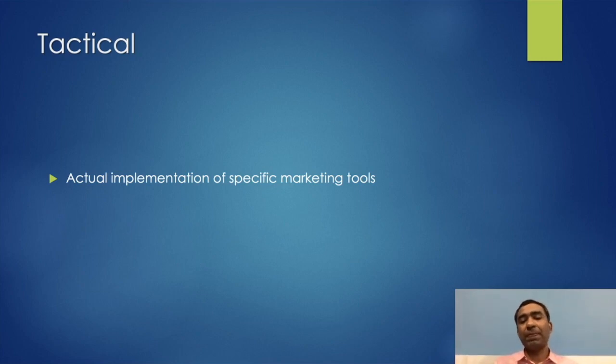For example, if I'm planning to do a survey today, or tele selling, the people who go to different regions and sell your product. So this is operation. Who is going to be in charge today?